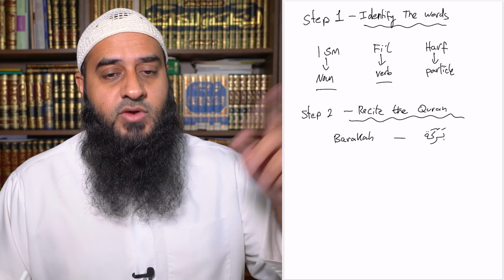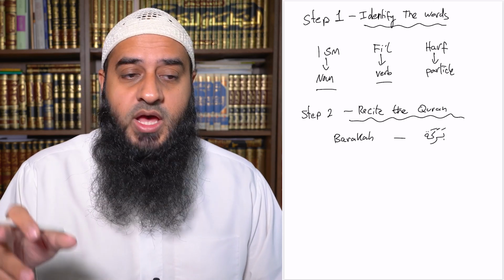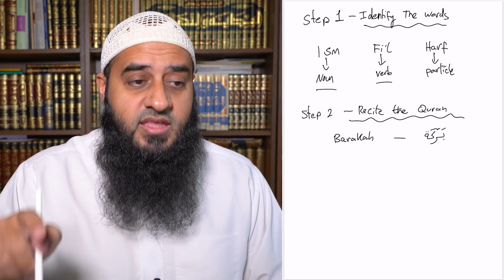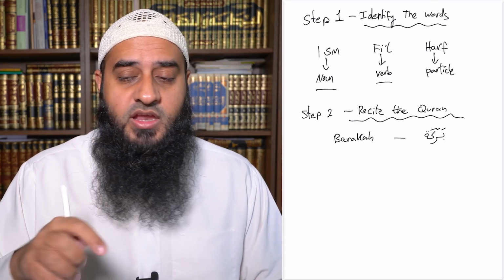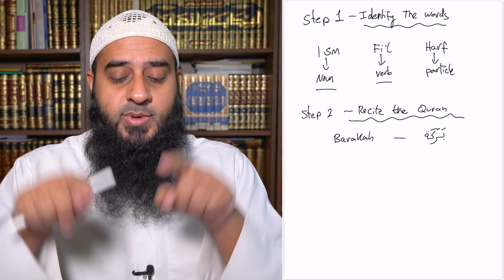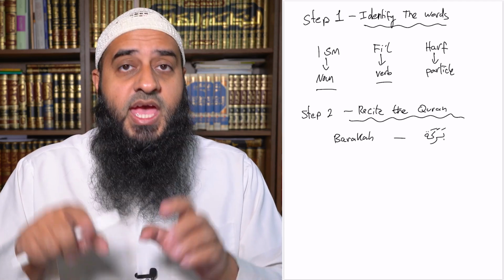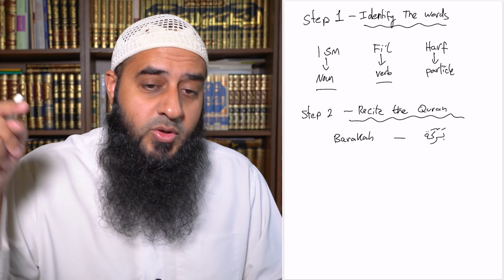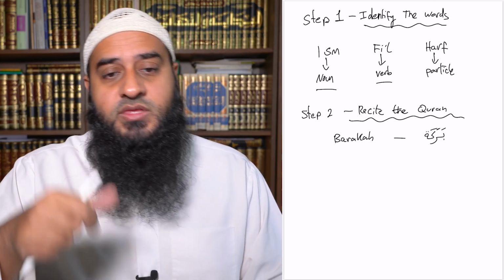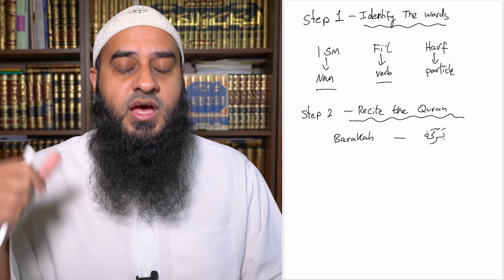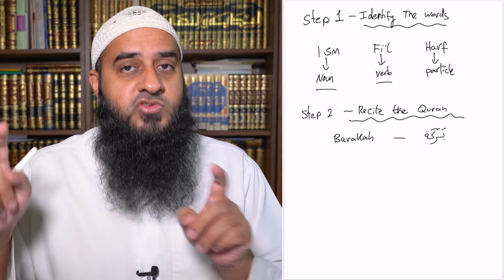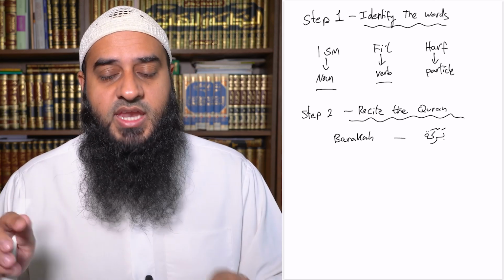Many places. For example, in Surah Al-An'am, Allah subhanahu wa ta'ala says, وَهَذَا كِتَابٌ أَنزَلْنَاهُ مُبَارَكٌ. Allah said, this book we have sent it down, okay? It is mubarak, it is blessed, it has barakah inside of it. فَاتَّبِعُوهُ, follow it, وَاتَّقُوا لَعَلَّكُمْ تُرْحَمُونَ, and have taqwa of Allah subhanahu wa ta'ala, so that Allah can have mercy upon you.